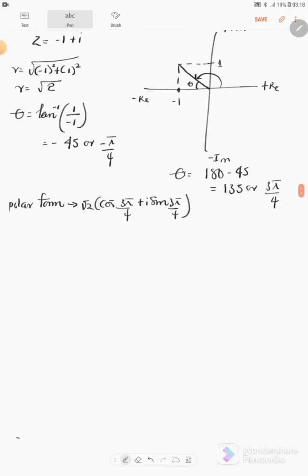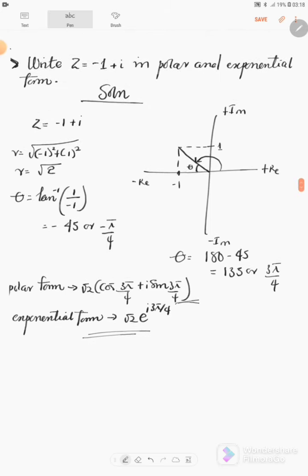Now our exponential form states root 2 exponential I 3 pi over 4. Simple as that. Not even up to 1 minute. No, let's say 2 minutes. I'm done with that. What we did: write your equation, z equals minus 1 plus I.